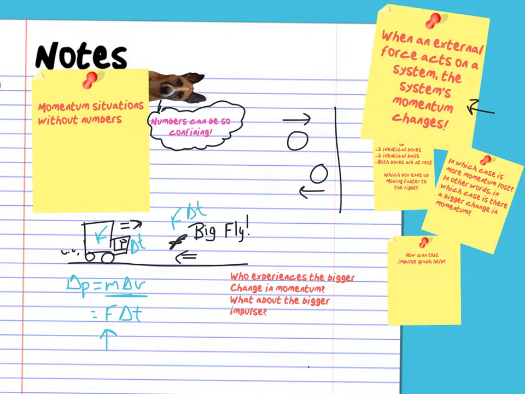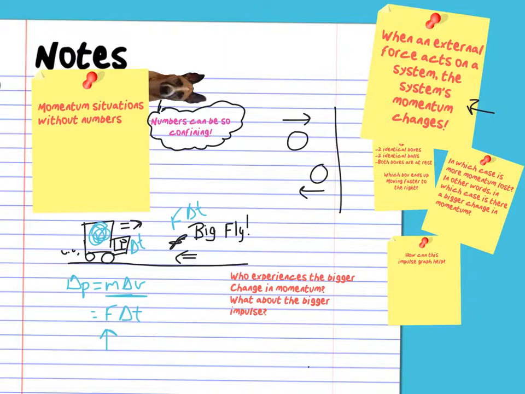Now, I know in your brain you want to think impulse sounds like impact, but they are two totally different things. The force of impact is your F. Impulse is your force times your collision time, or your change in t. So don't get them confused. Just because they both start with "im" doesn't mean they are the same word with the same meaning.